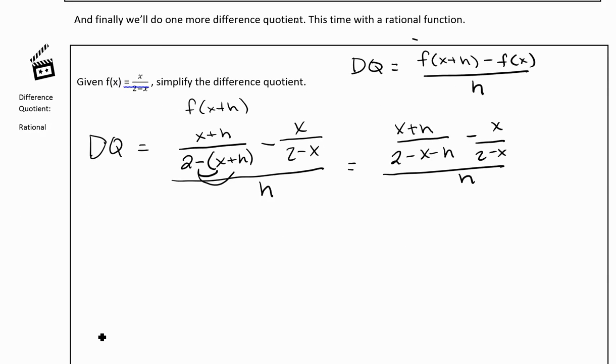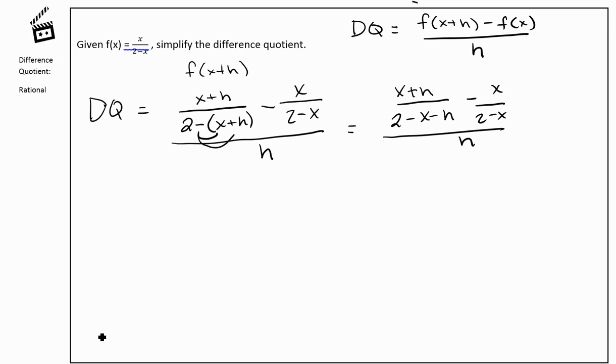Our common denominator is going to be 2 minus x minus h times 2 minus x. Okay, so let me write that over here. So the common denominator is going to be 2 minus x minus h times 2 minus x.